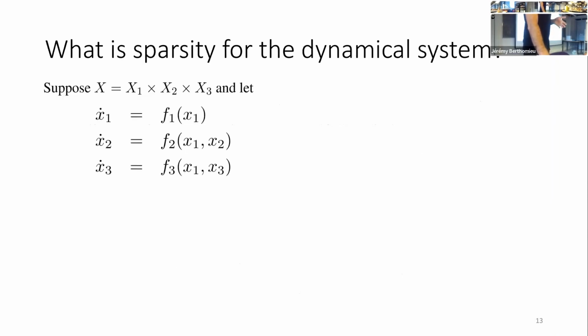And for the second one, I want to illustrate this with a basic and simple example. So suppose we look at this system here, and it carries some sparse structure because we're not using so many variables. What we can see here is that the dynamics of the second state does not depend on the third state, and similarly, the dynamics of the third state does not depend on the second state. So they don't see what happens to the other one.